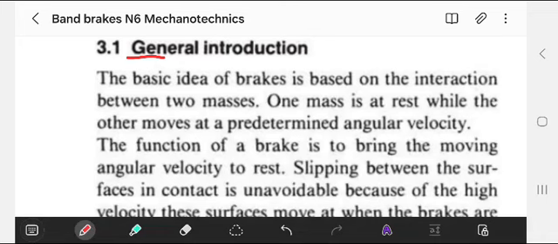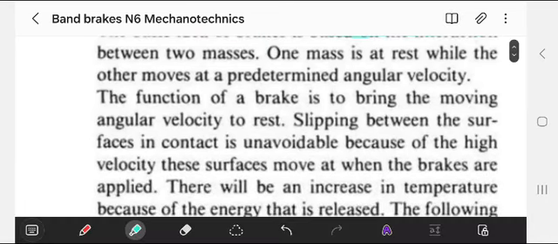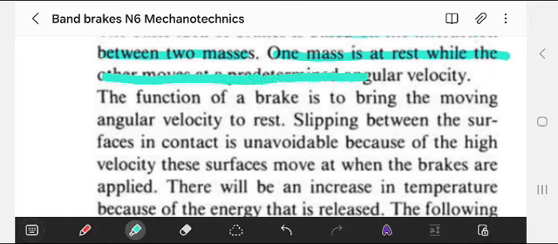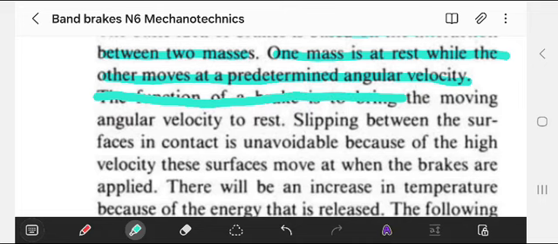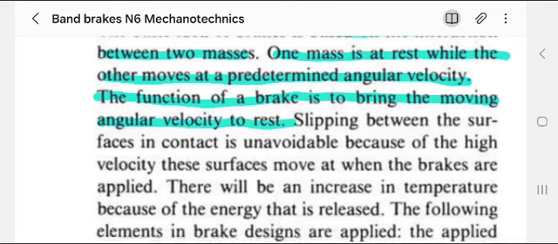So, the general introduction they have given: the basic idea of brakes is based on the interaction between two masses. One mass is at rest while the other mass has a predetermined angular velocity. The function of a brake is to bring the moving angular velocity to rest. We know that.